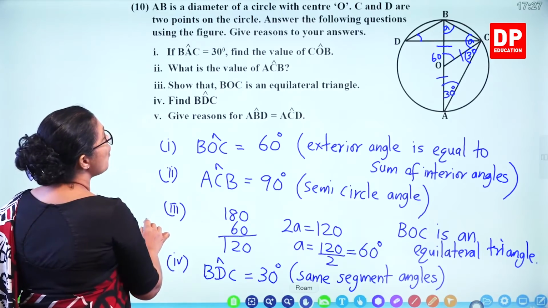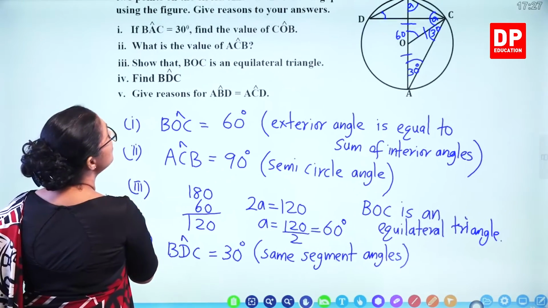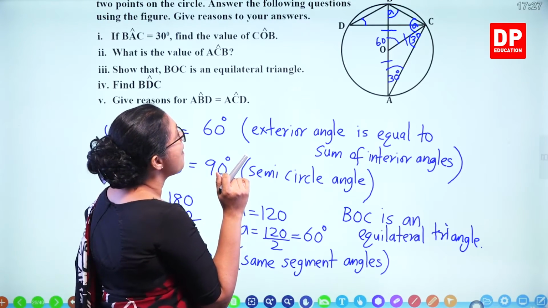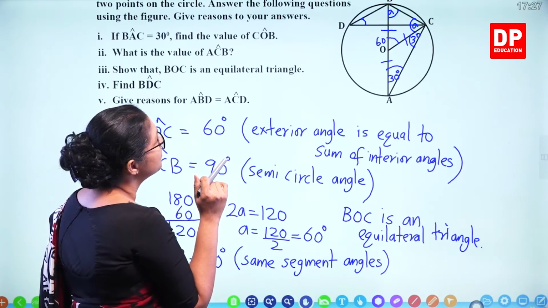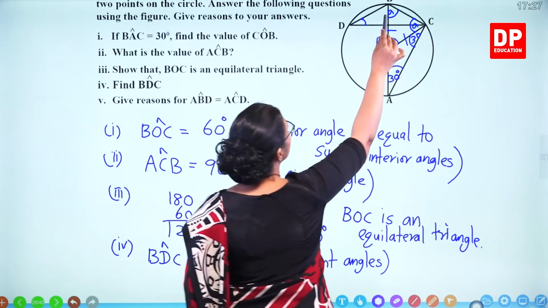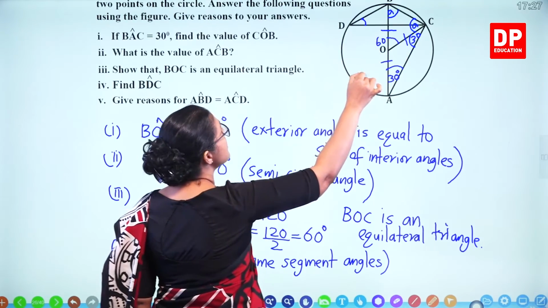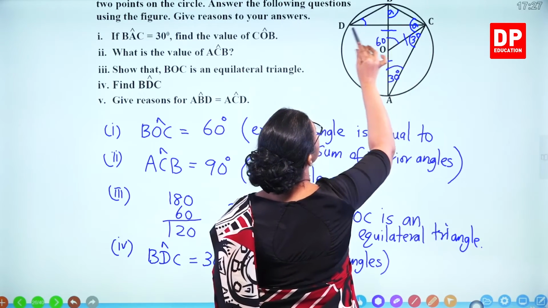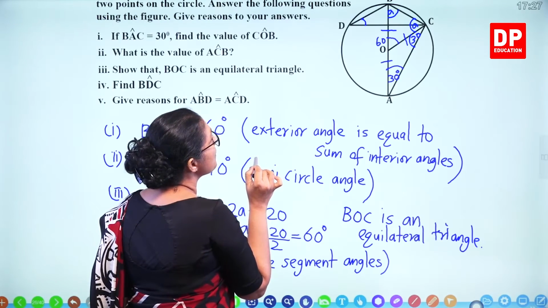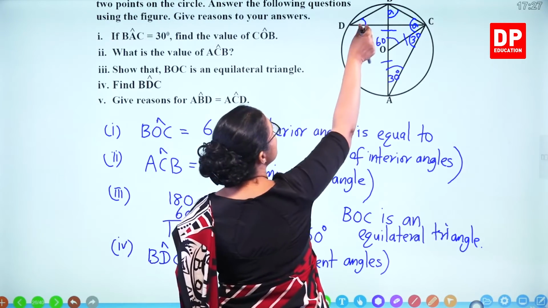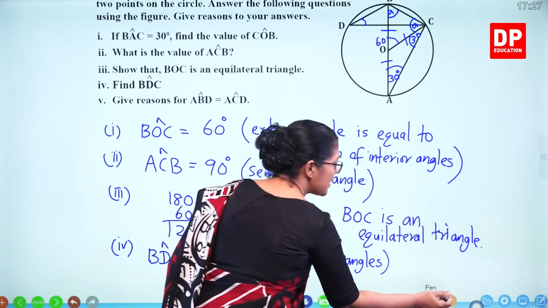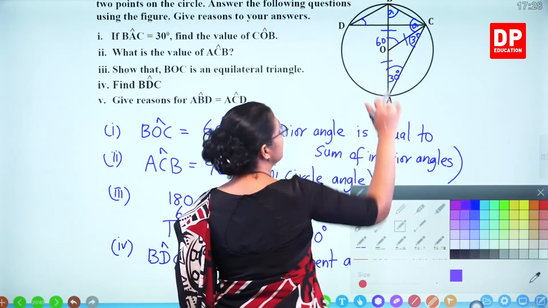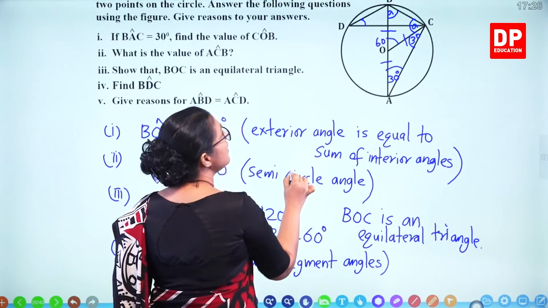Then give reasons for ABD is equal to ACD. Again, same segment angles. Can you see that? When you take AD arc, I'll show it clearly here.